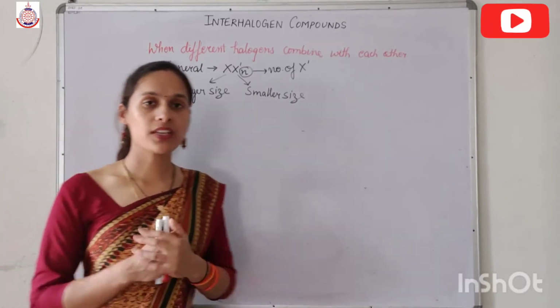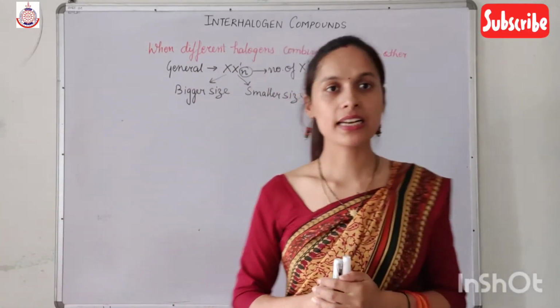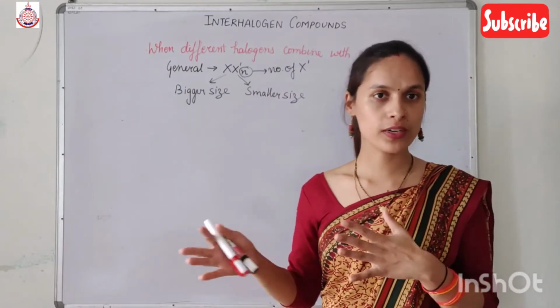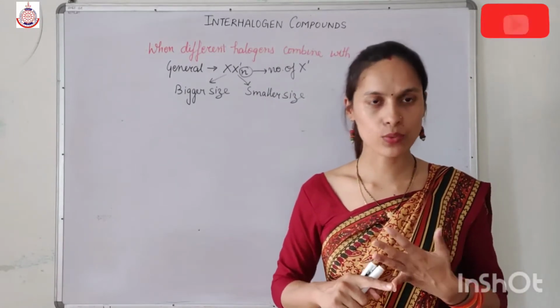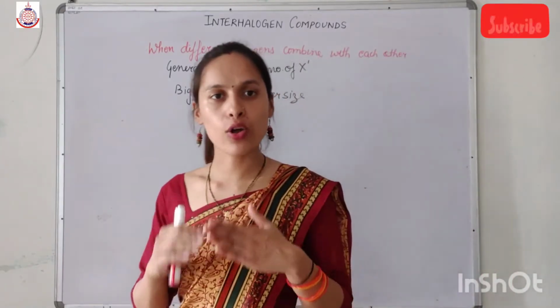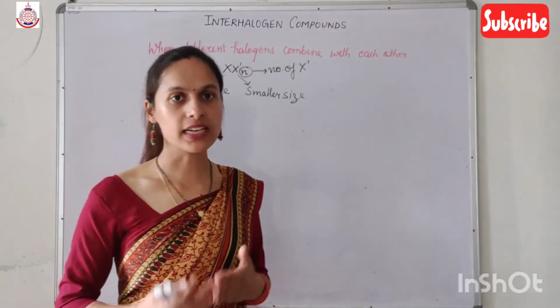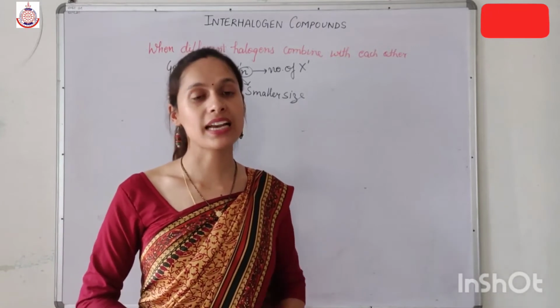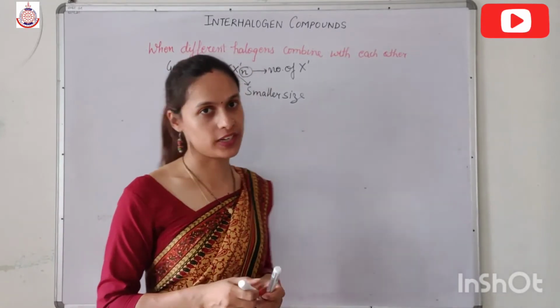Now, in our previous videos, we have studied that halogens show 4 different positive oxidation states: +1, +3, +5 and +7. On the basis of the oxidation state, interhalogen compounds are classified into 4 different categories.